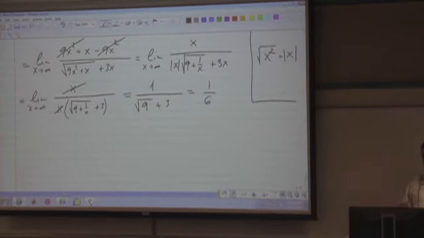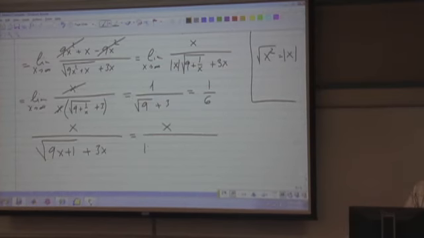First of all, I should point out, if this would have been the square root of 9x plus 1, let's say, so x over the square root of 9x plus 1 plus 3x, well, I can have x over the absolute value of x times the square root of 9 over x plus 1 over x squared, plus 3x. Does this make sense? Yes.